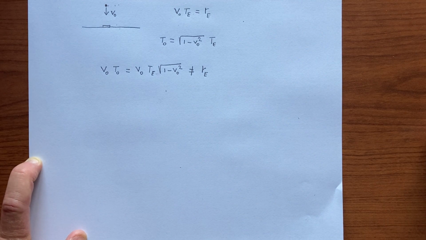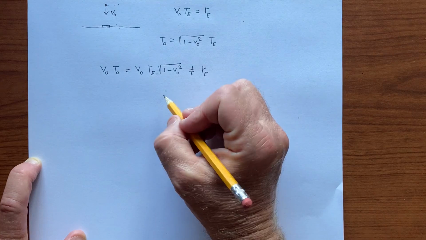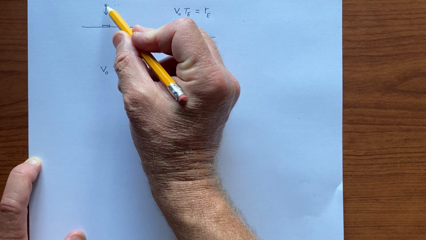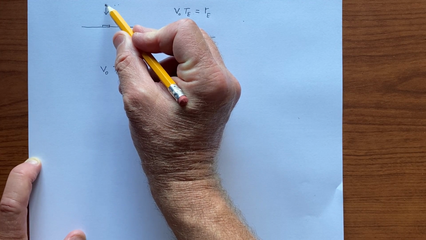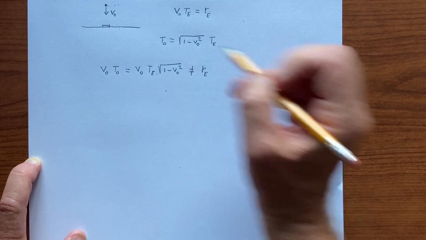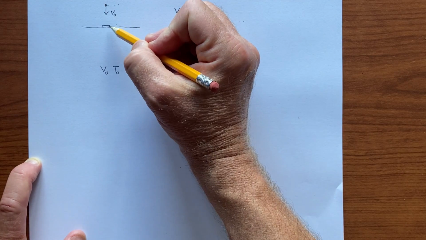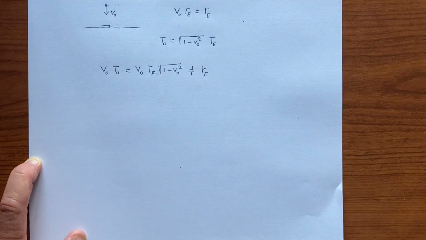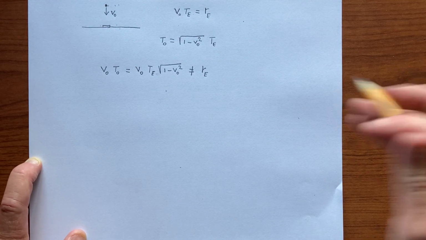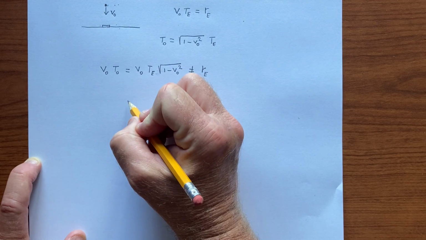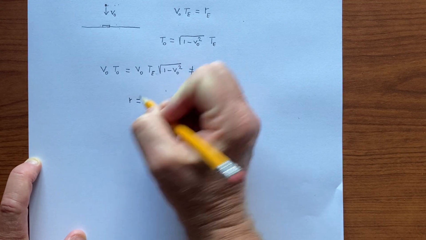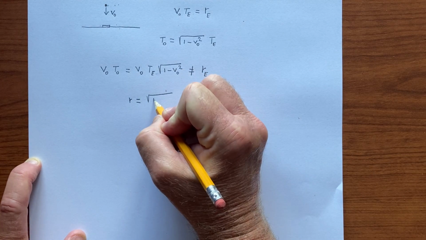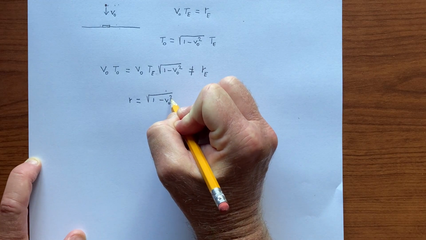So what's going on here? Well, from the perspective of a measurement done in the frame that's attached to the object, the distance traveled is different because now the Earth is moving towards the object. And so the distance is actually not RE, but it's length contracted by this factor.